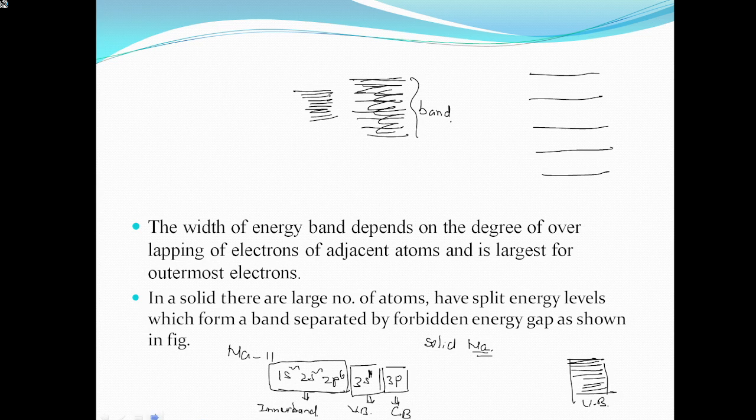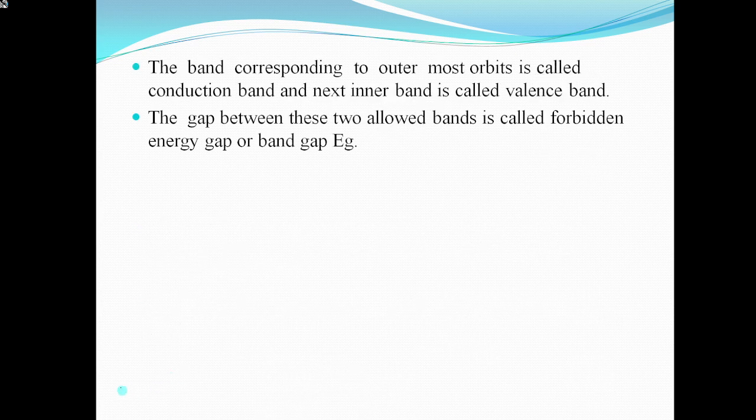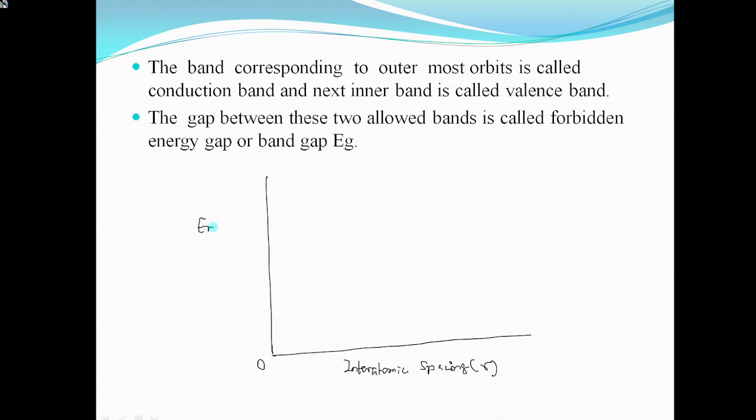Okay. Now we'll see this graphically. We'll represent this graphically. So see here, when we draw a graph between interatomic spacing, which means the space between atoms, represented by R, and this is energy.